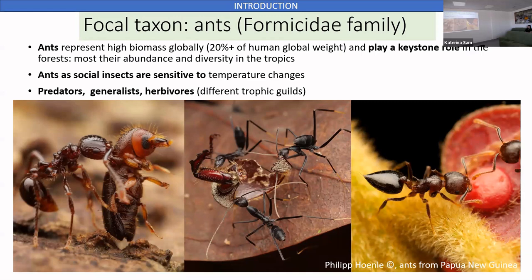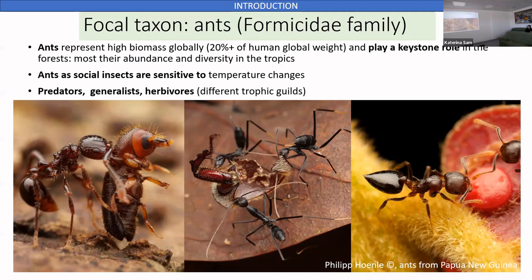And they are also quite sensitive to temperature, even more sensitive than some other insects, because they make colonies. So actually to survive in a climate, the queen has to establish a colony and collaborate with workers on the brood development and so on. So they, as social insects, are quite sensitive to temperature changes.